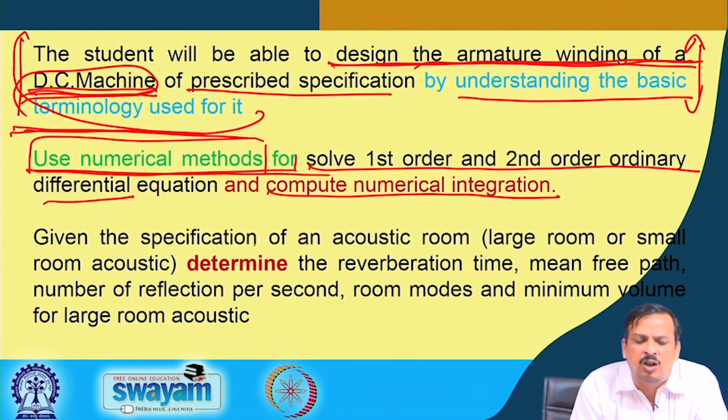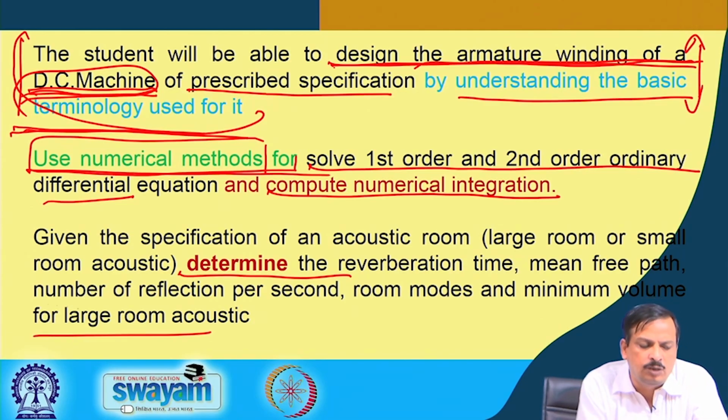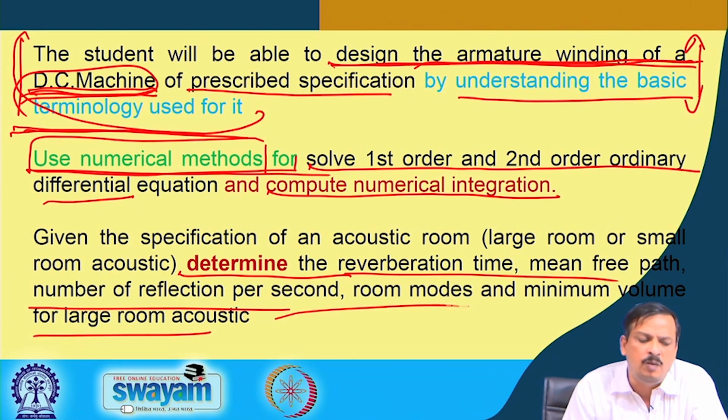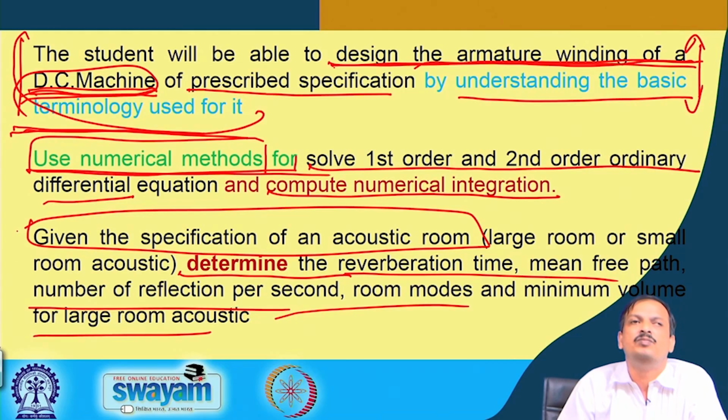Given the specification of an acoustic room, determine the reverberation time, mean free path, number of reflections per second, room modes, and minimum volume for large room acoustics. Performance component: determine all those parameters. Condition component: given the specification of an acoustic room. The criteria component is not there.